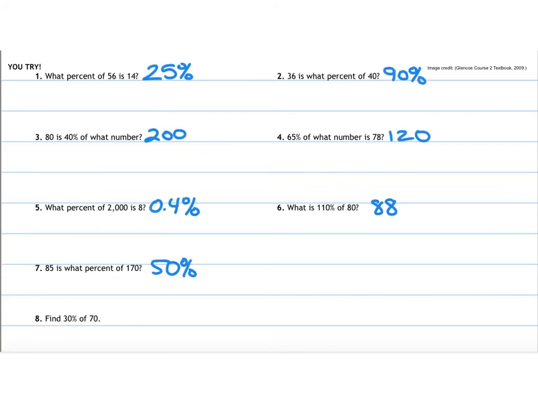All right, here are your answers. Oh, I forgot one at the bottom. It was covered. Let me just do that one really quick. Find 30% of 70. So I'm doing find is a good one because that really means what is. So what is 30% of 70 is how that one gets set up. 10% of 70, so I know that's going to be 21 times 3.